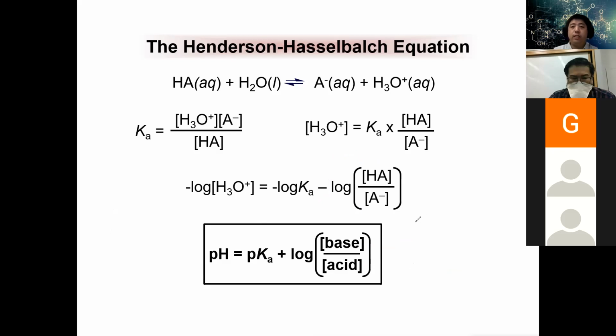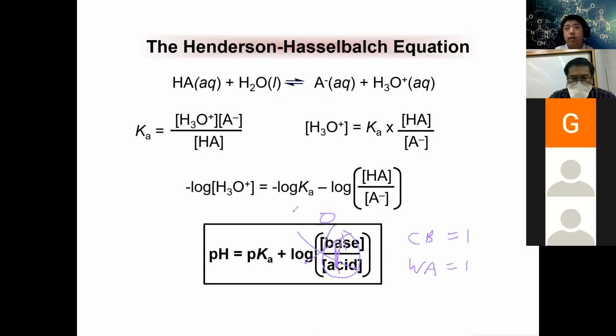Now, going back to a point that someone mentioned earlier, what happens if the concentration of my conjugate base and weak acid were equal to each other? We'll just say they're equal to 1 to make it easier for ourselves. If they were both equal to 1, what happens to my equation here? It equals pKa. The reason why is because this becomes 1 and 1. So 1 over 1, log of 1 equals 0.